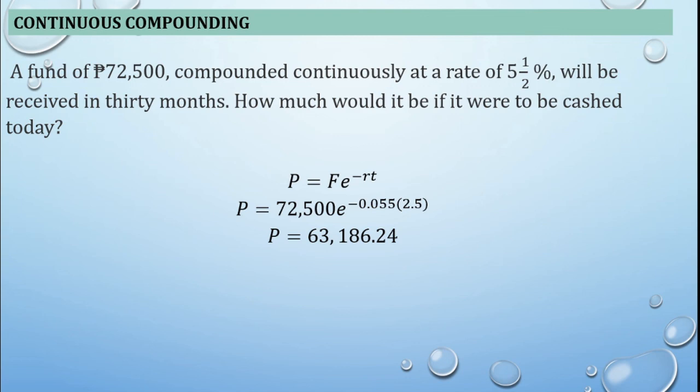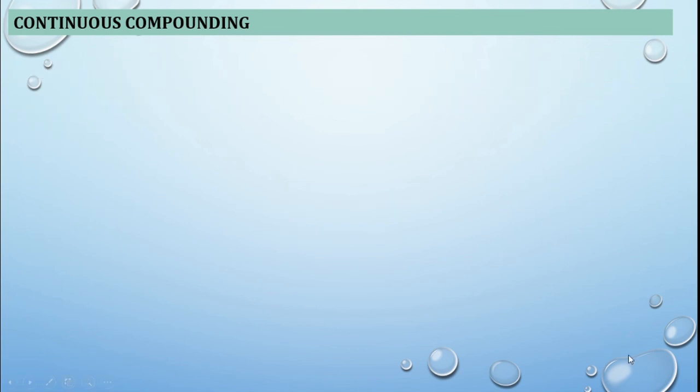We have P is equal to 72,000, e raised to negative 0.055 times 2.5, or 63,186 and 24 cents.